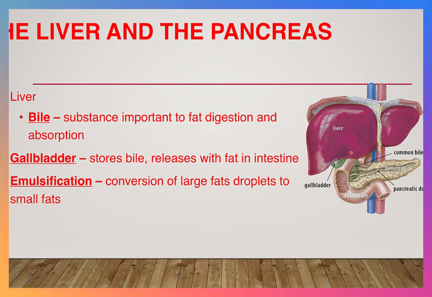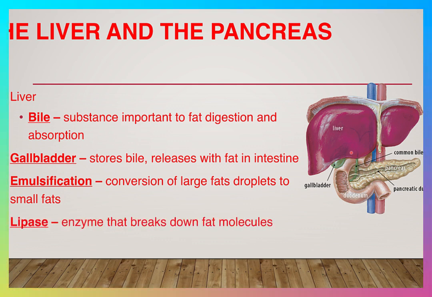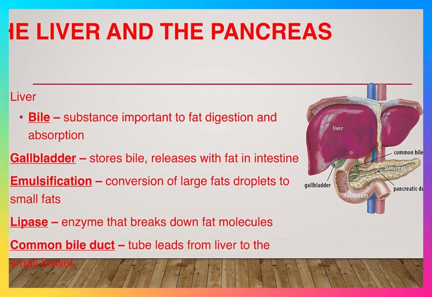The bile works to emulsify fats, breaking large fat droplets into smaller fat droplets, which can be absorbed. Subsequently an enzyme called lipase acts on the fat molecules to break them down. The common bile duct, as I stated before, leads from the liver into the small intestine, specifically the duodenum here, and that results in the release of the bile into the small bowel.